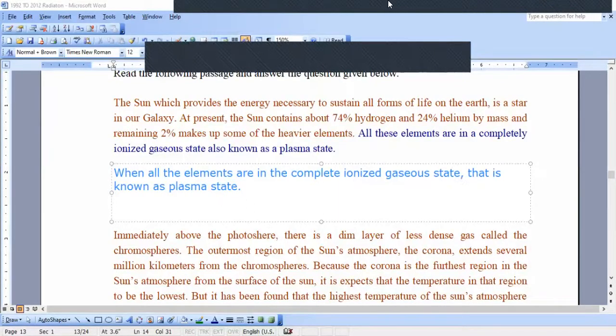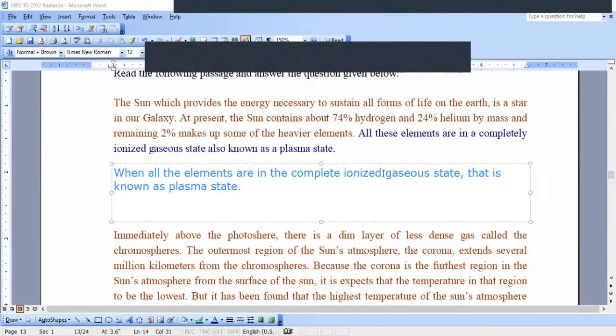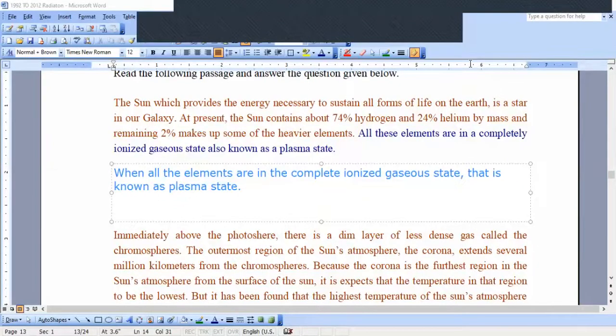Lamai, are there liquids in the plasma state? No, because it said everything is in the gaseous state. All the things behave very similar to a gaseous state. Therefore, no liquids, no solids. All the things will be very similar to gas, but they are ionized. There are no atoms. So all the things will be positive and negative ions. Right. Now let's go to Roman number 2. I think you have written. Let's go to Roman number 2.